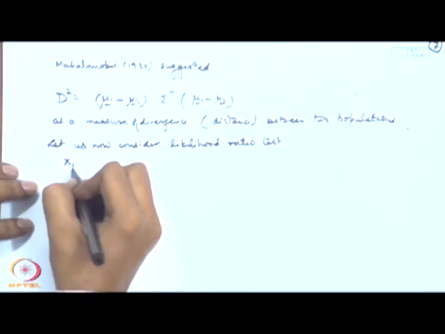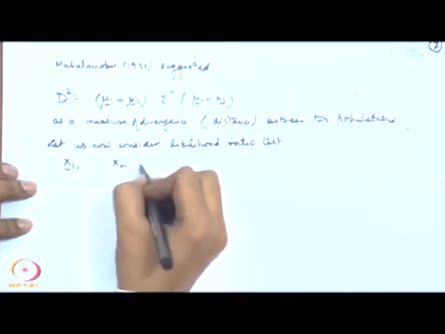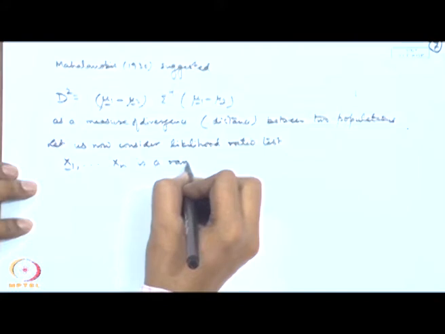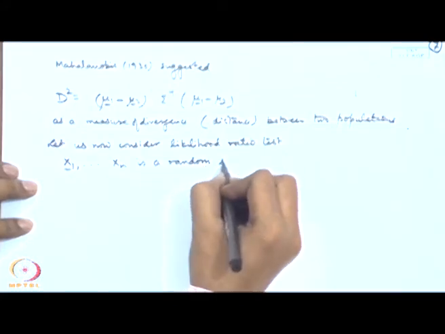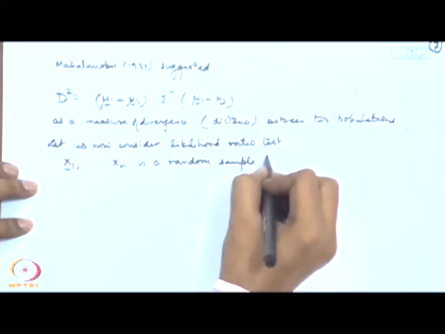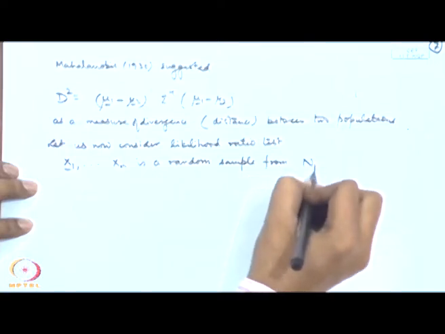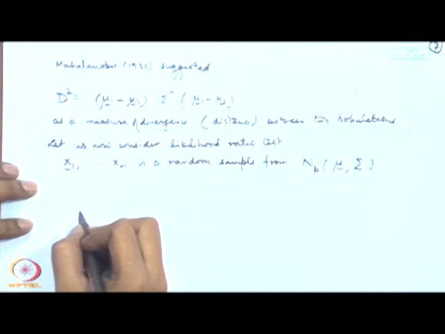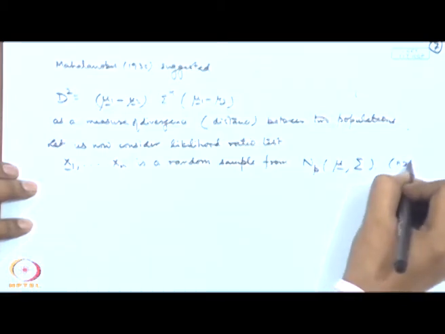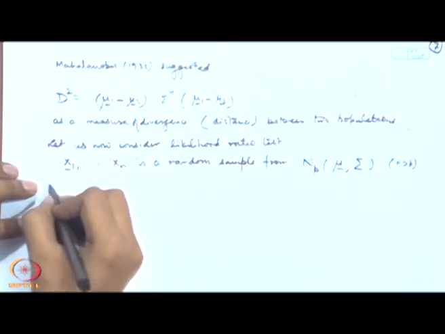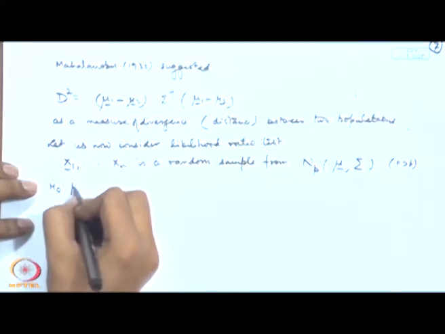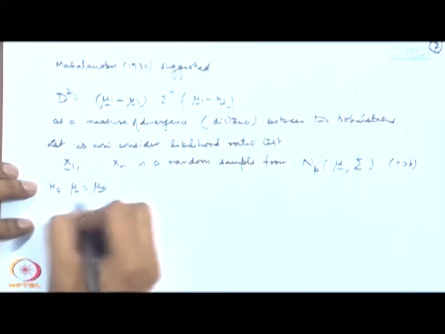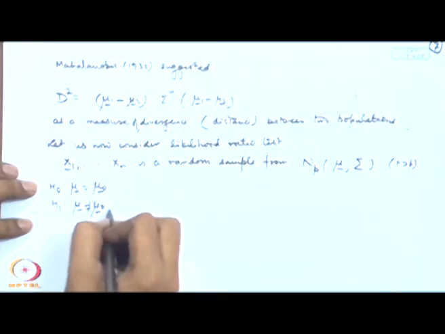Again, x1, x2, ..., xn is a random sample from N_p(mu, Sigma), and of course we assume as usual n is greater than p, and we are testing mu equal to mu naught against mu not equal to mu naught.